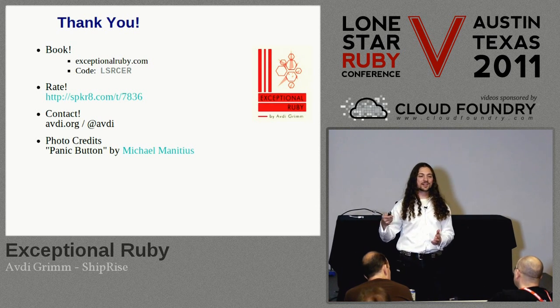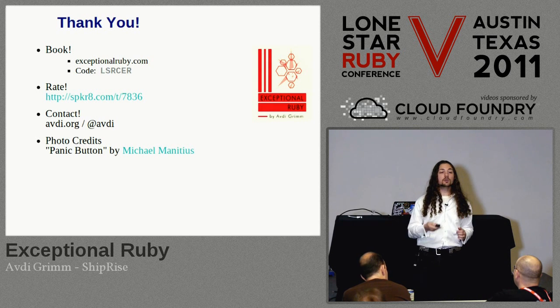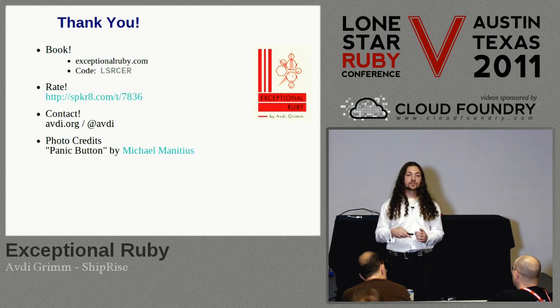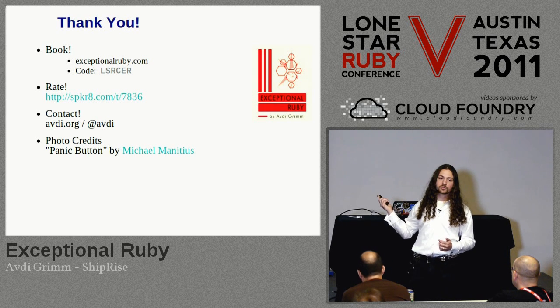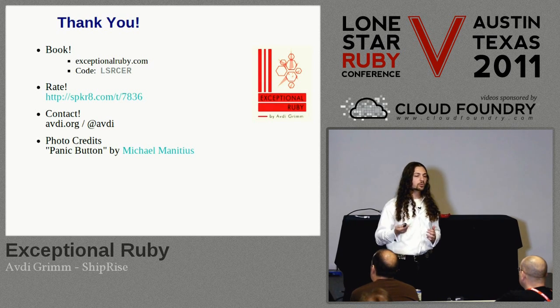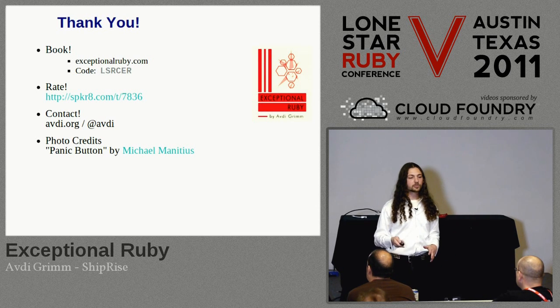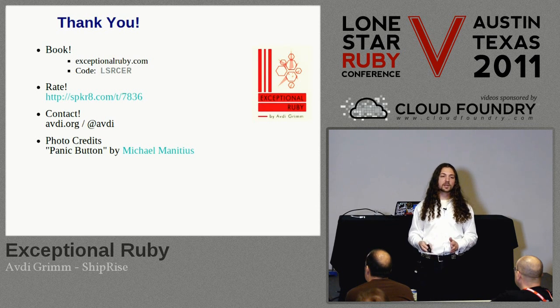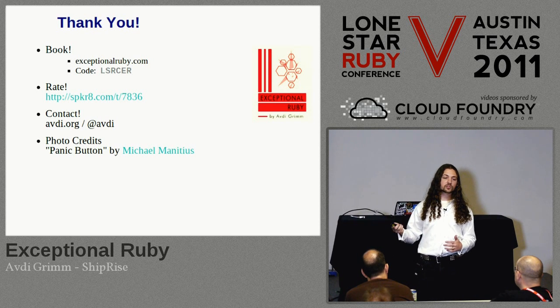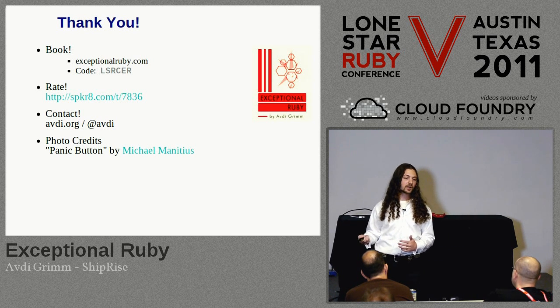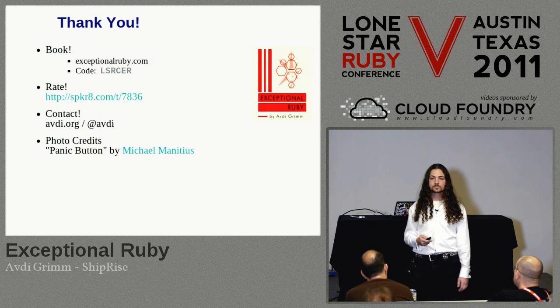I hate to plug the book again, but it's in the book. Oh, you know what? Actually, the code that I did for it is out there. Once again, sorry, I didn't put the talk notes URL on there, but you can just Google exceptional Ruby Avdi.org or something like that, and there's a talk notes page. There's a link to my proof of concept and implementation of an exception safety verifier. So take a look at that.